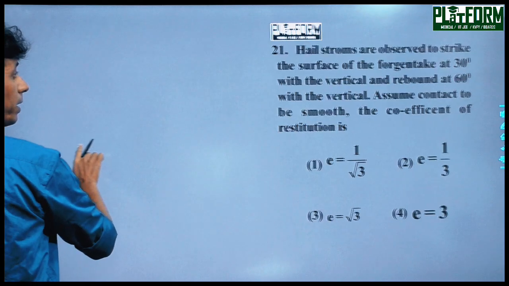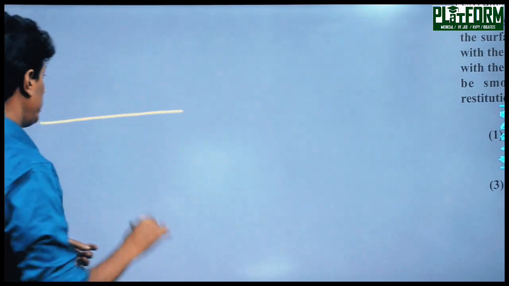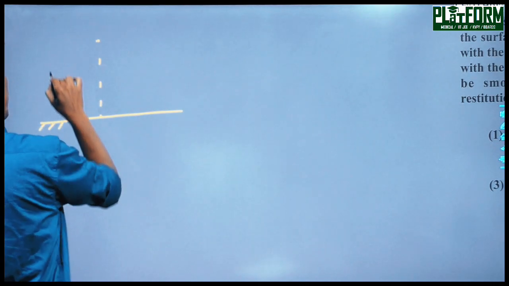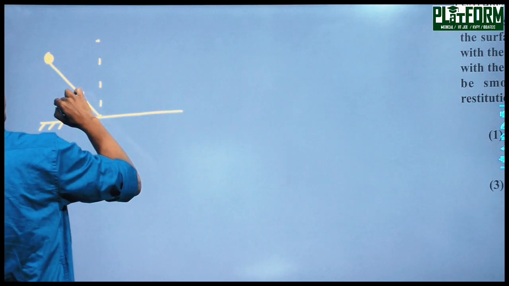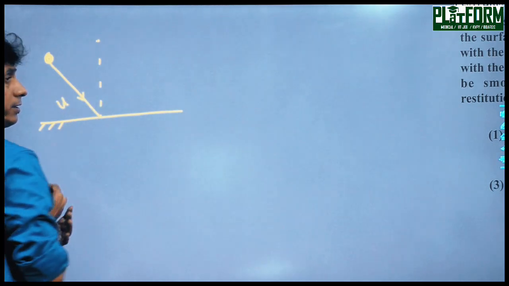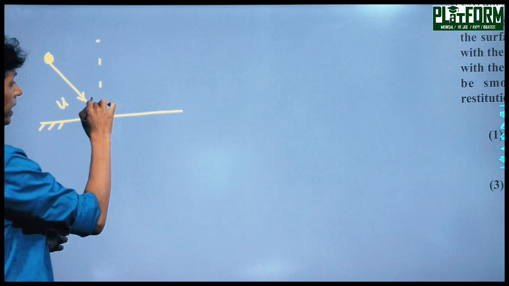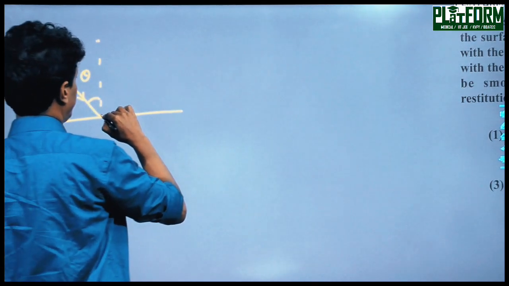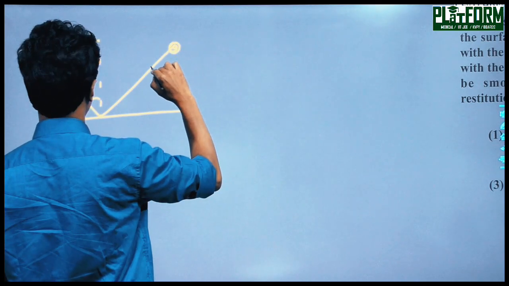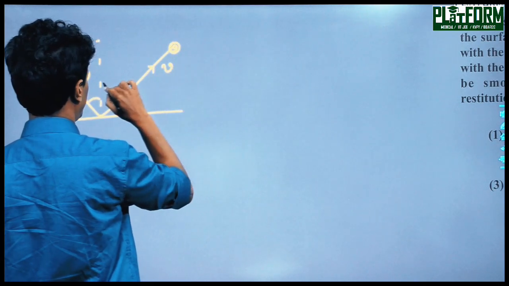In the case of collision between the ground and a ball, the ball strikes at a speed u, let us say with an angle theta with the vertical, and is reflected with velocity, let us say v, with an angle phi.